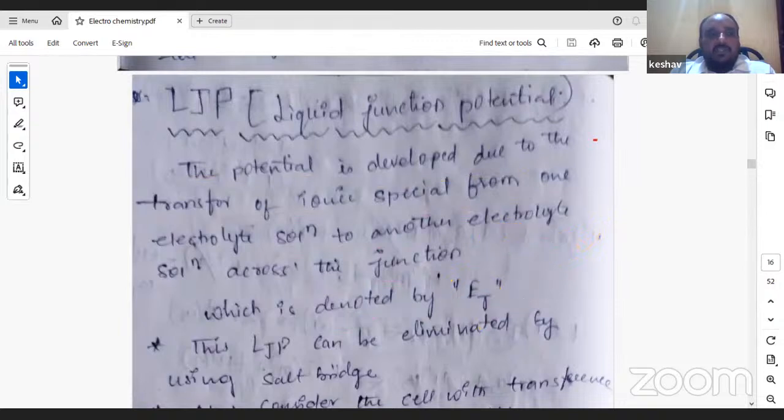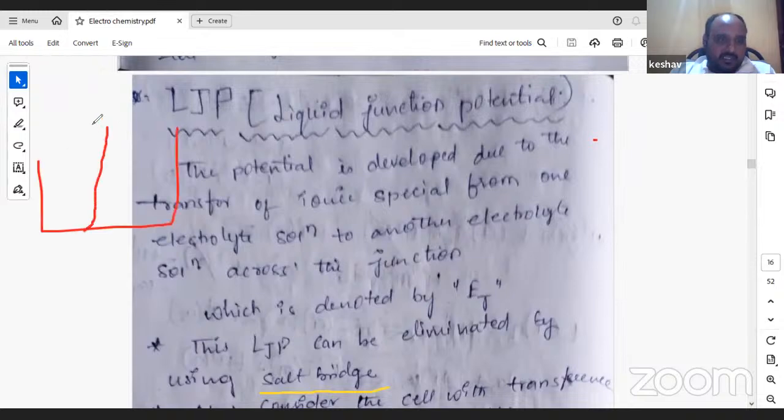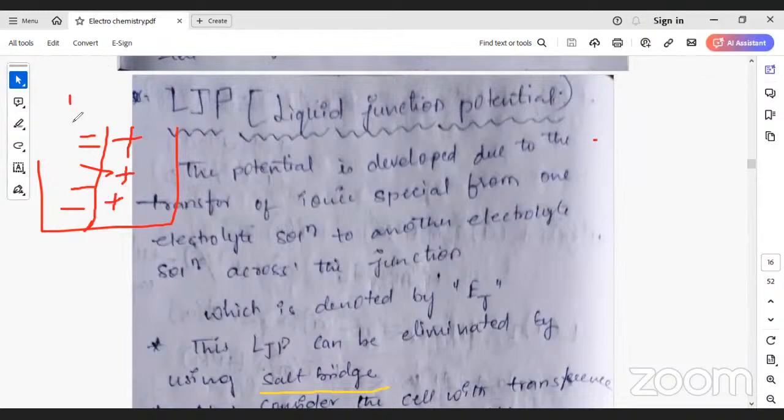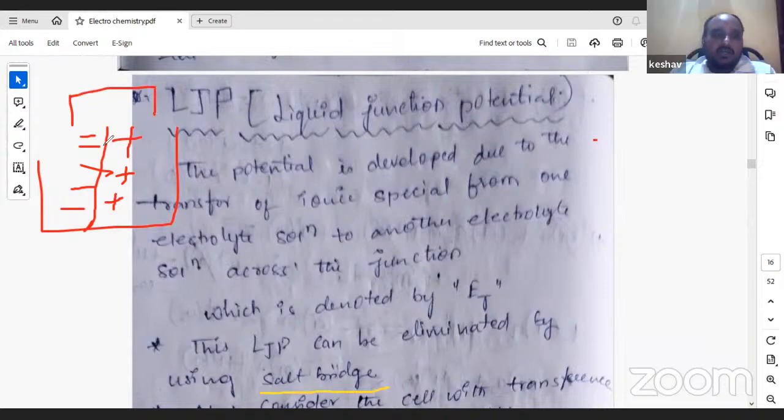So that liquid junction potential can be easily eliminated with a salt bridge. See one more time. Here, liquid junction potential means some negative charges will be deposited here, and some positive charges will be deposited here. So this is the potential. Once we use a salt bridge consisting of both positive ions and negative ions, if the left side has more negative ions, the positive ions coming from the salt bridge neutralize them.